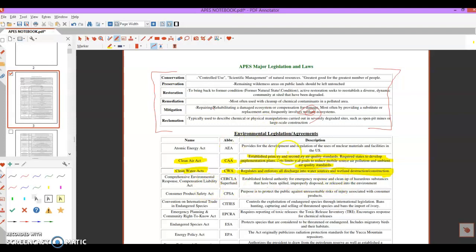The next one, which is kind of a mouthful, is the Comprehensive Environmental Response, Compensation, and Liability Act. We also refer to this as Superfund. Basically, this is supposed to cover the emergency cleanup of hazardous chemicals or substances that have been spilled, disposed of improperly, or released into the environment.